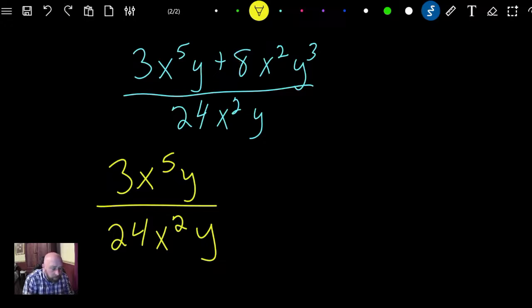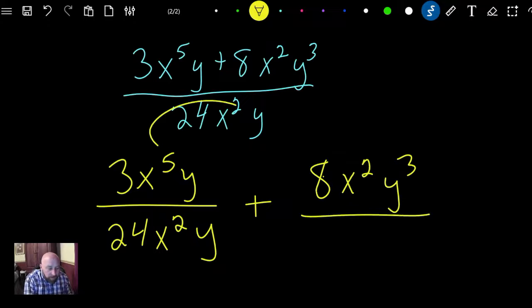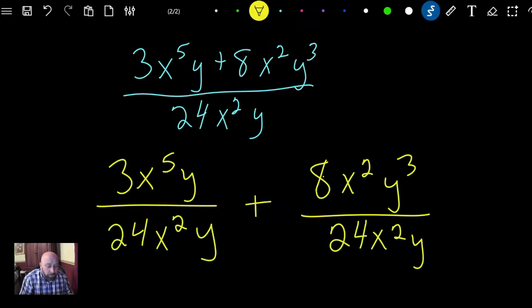Notice we could put a plus sign right here between those, and we get 8x squared y cubed divided by, again, this same denominator, because we're kind of like distributing that denominator to both of those, and then y. Okay.